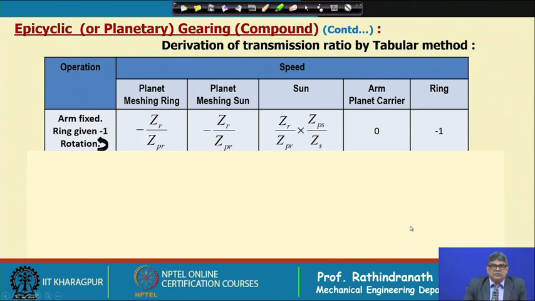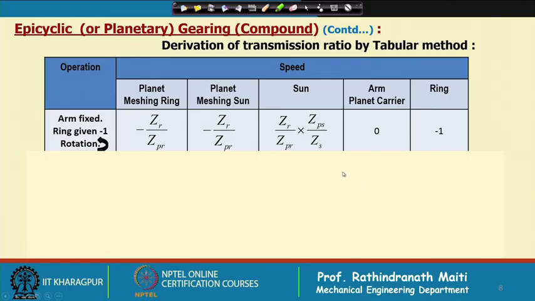Now, how do we find the transmission ratio in case of epicyclic gearing? First of all, I have shown that we can consider the force, and from there equate the torque in the input and output as well as in the ring gear, and output torque divided by input torque will give us the ratio.